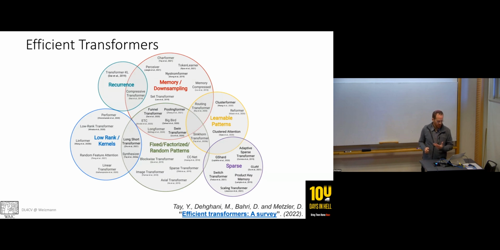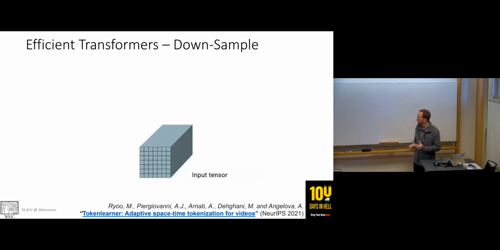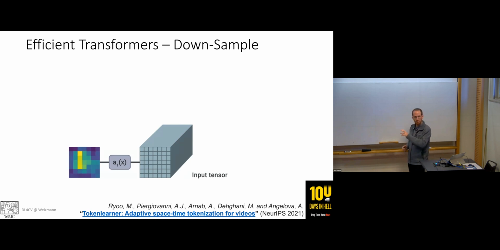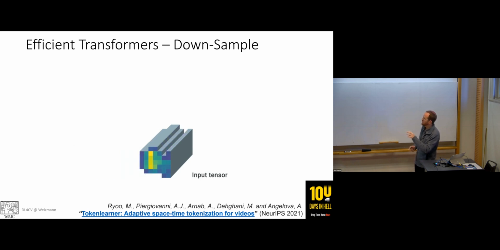We can think of other methods, like decreasing the memory by downsampling. Maybe we don't need all the tokens in the input. Maybe we can learn to represent all the tokens by a fewer number of tokens. In this work, they learned a specific projection layer that says which are the important tokens in the image. It learns a map and combines all the tokens based on this map into a single token.